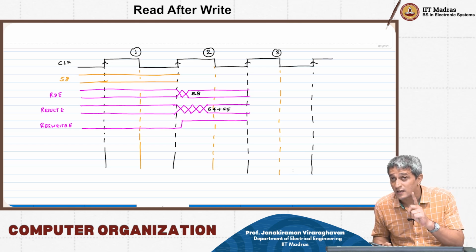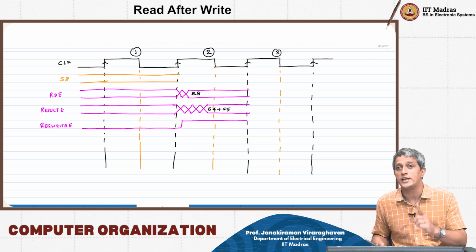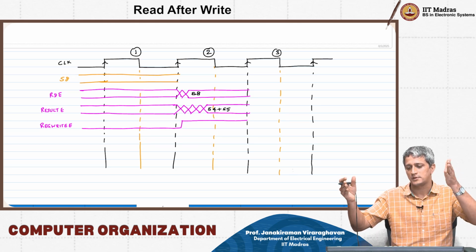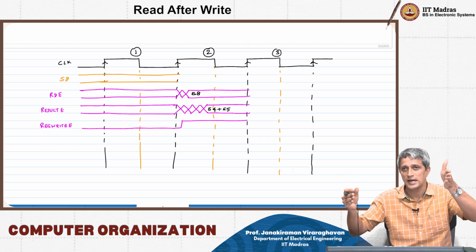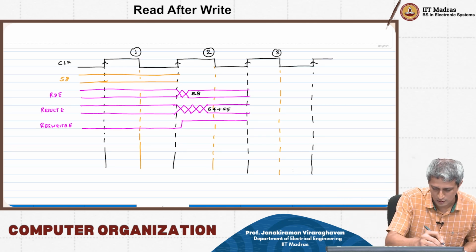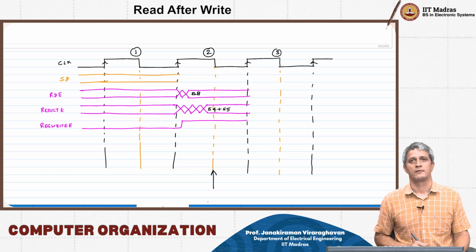Now where is the write going to happen? The write is going to happen on the falling edge of the clock, in between the second rising edge and the third rising edge, and therefore the point at which data gets written into my register file is here.